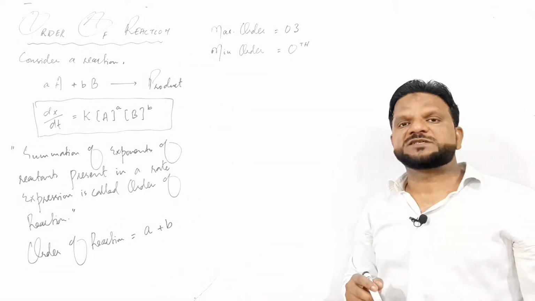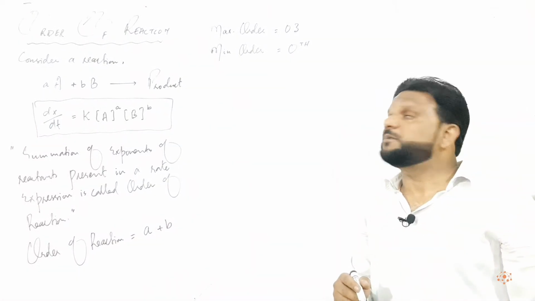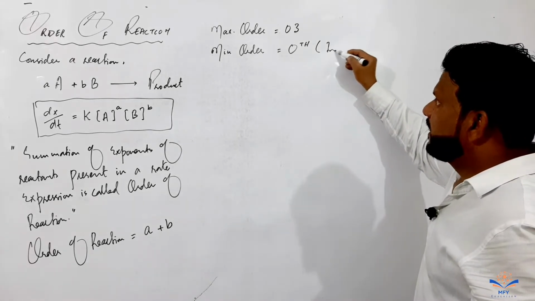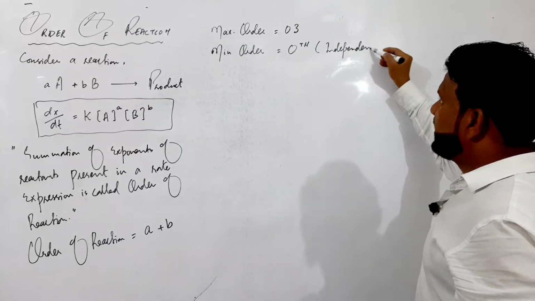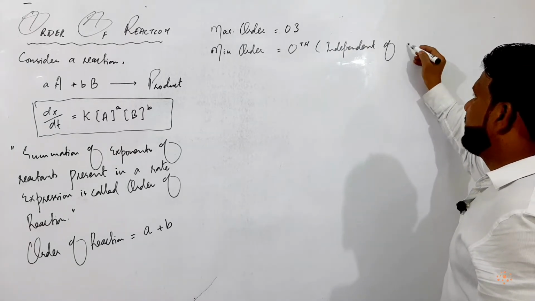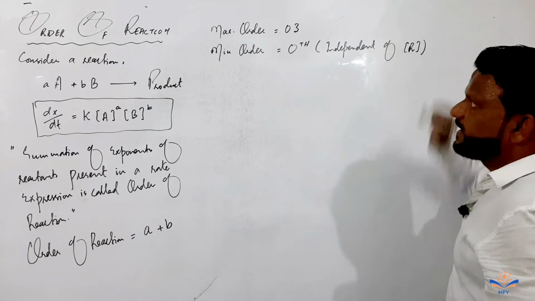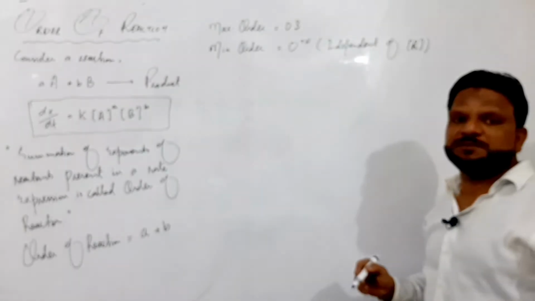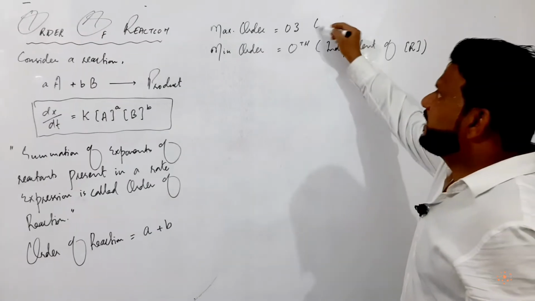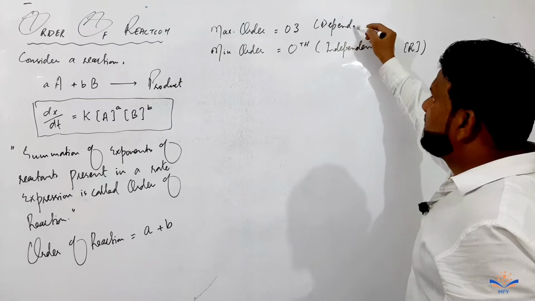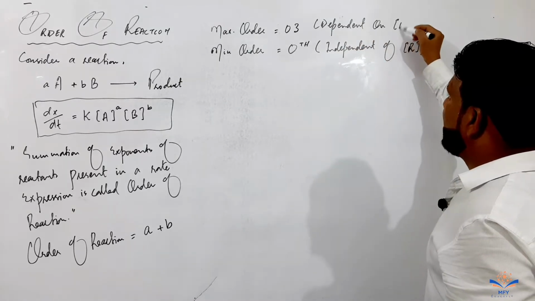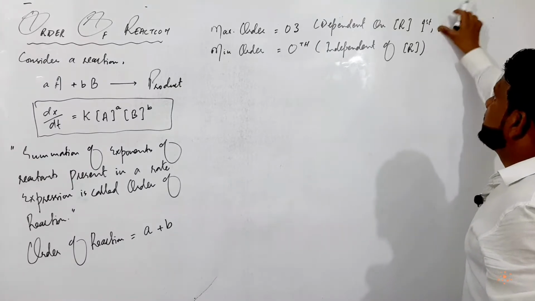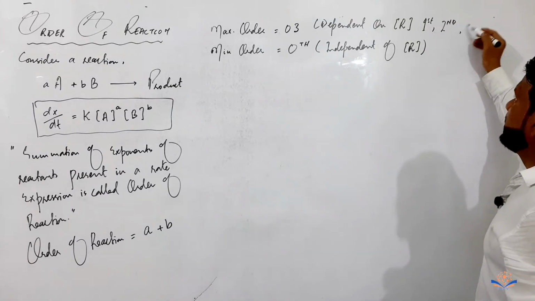Those chemical reactions which have 0th order of reaction are independent of active masses of reactants, and those chemical reactions which have maximum third order are dependent on active masses of reactants, and the order may be first order, second order or third order.